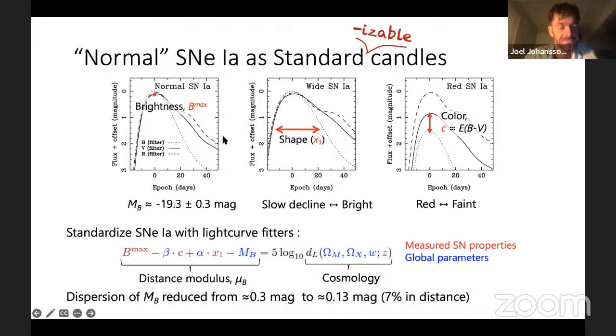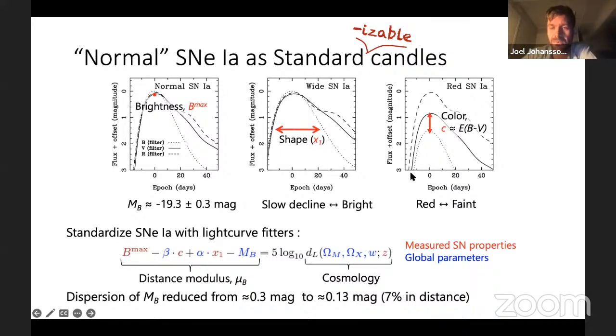I'm taking images of the supernova as it rises and declines. And then we measure the shape of these light curves, which we call this x1 parameter, or I will maybe refer to as stretch, how stretched the light curve is in the time axis.